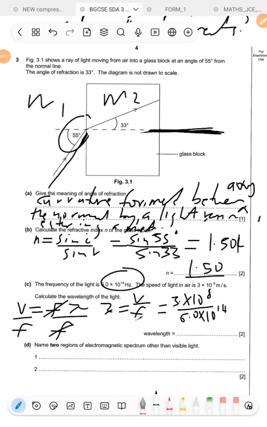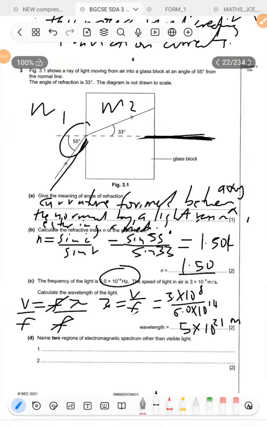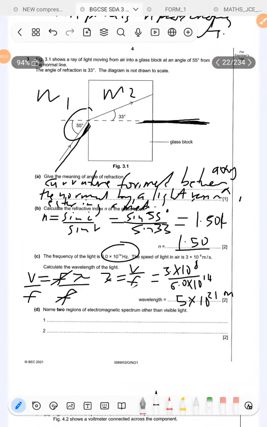You plug that into the calculator and you get 5 times 10 to the power 21 meters. Wavelength is a length, so it is measured in meters. Also, when you cancel your units here, you should be able to get meters.